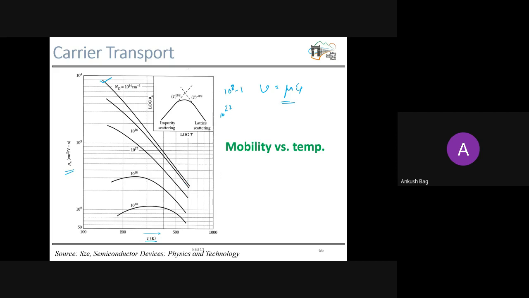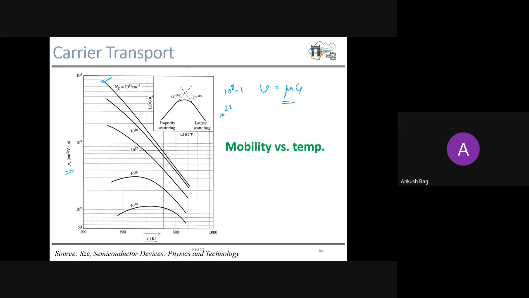Obviously, you will get lesser current, because mobility decides current as well as the operating frequency of your device. So now you can see with temperature this mobility is decreasing. That means if you operate at higher temperature, you will get lower current from your device.